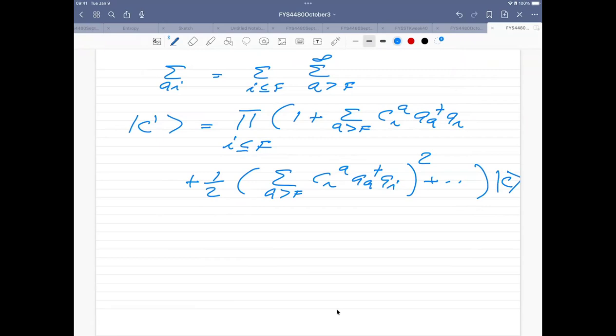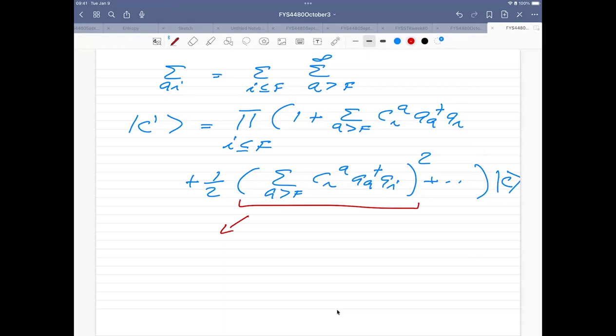Now there's a very interesting result here for us if we look at these different terms. If you take the second term, let's take a closer look at that one. When we write it out, this specific term is going to be given by the following expression.